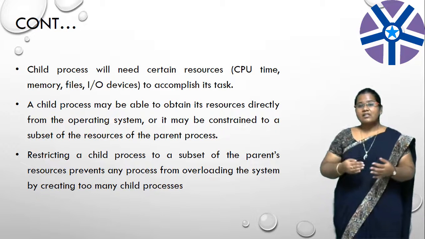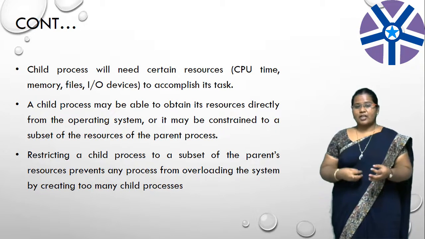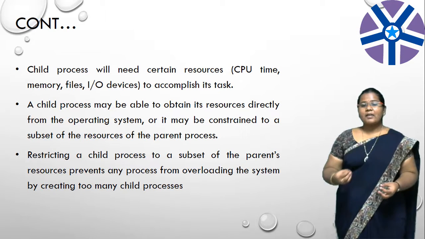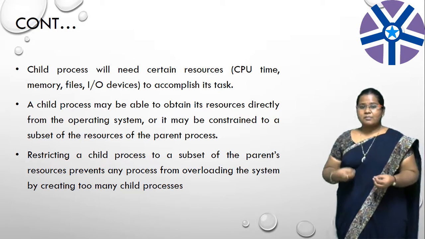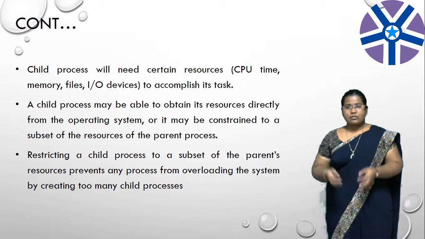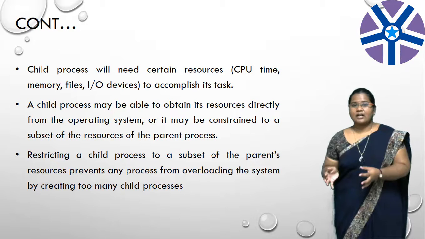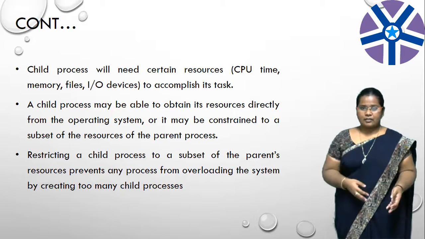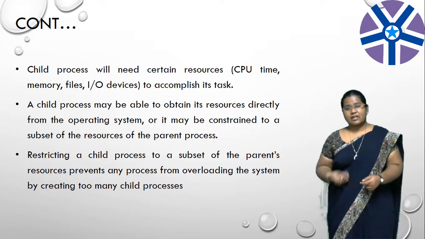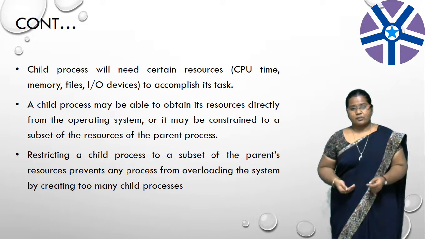These resources can be obtained by the child process directly from the operating system, or it may be constrained to a subset of the resources given to the parent process. So the same resources which are allocated to the parent process can be allocated to the child, or separate resources can be allocated to the child process.